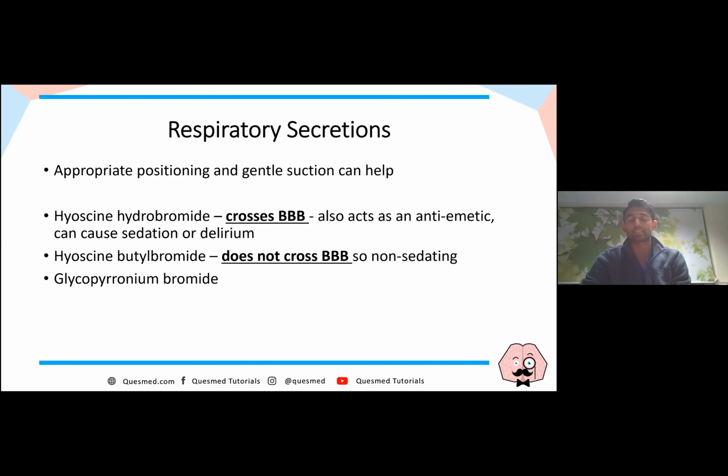These are all anticholinergics and therefore reduce respiratory secretion load. But like I said, if they can tolerate it, sitting them semi-upright, getting some oral suction is better in the first instance, so that you don't run the risk of having the airways become really, really dry. Okay, so save the respiratory secretion load for when they can't tolerate those conservative measures.